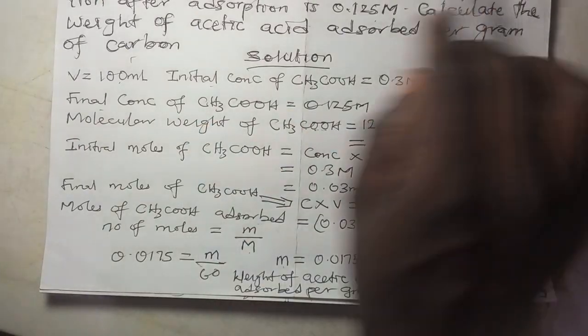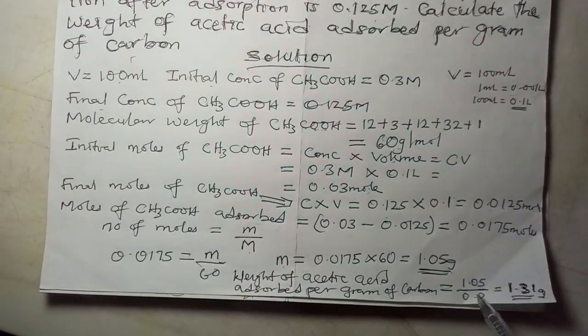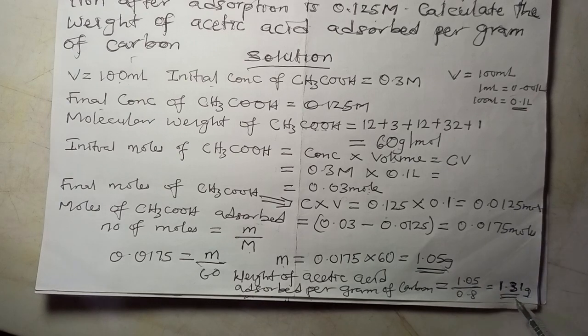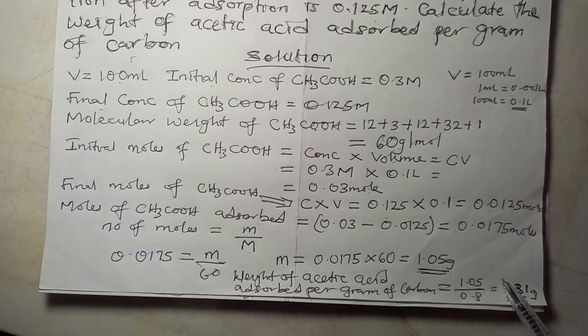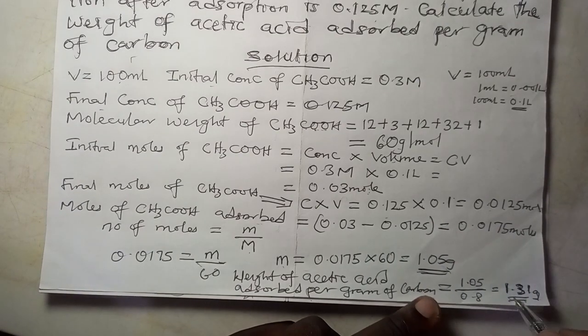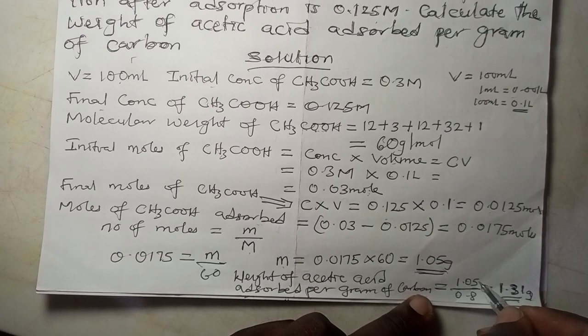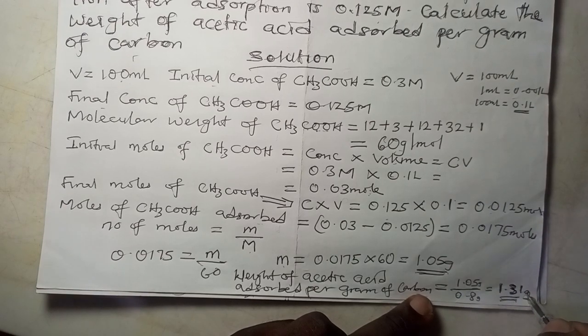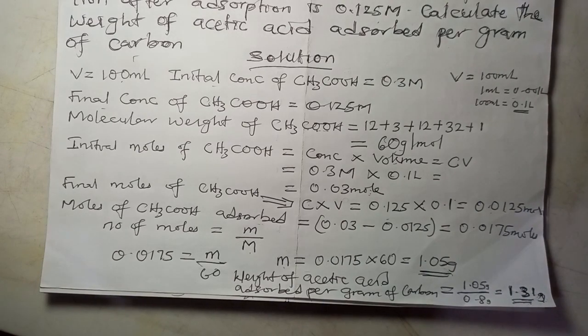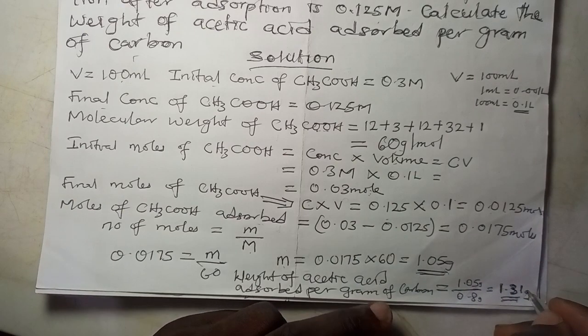You have 0.8 gram of carbon, so per gram divided by 0.8 will give us 1.31 gram. So as this is in gram divided by this, you are going to be having just 1.31. That is actually the answer.